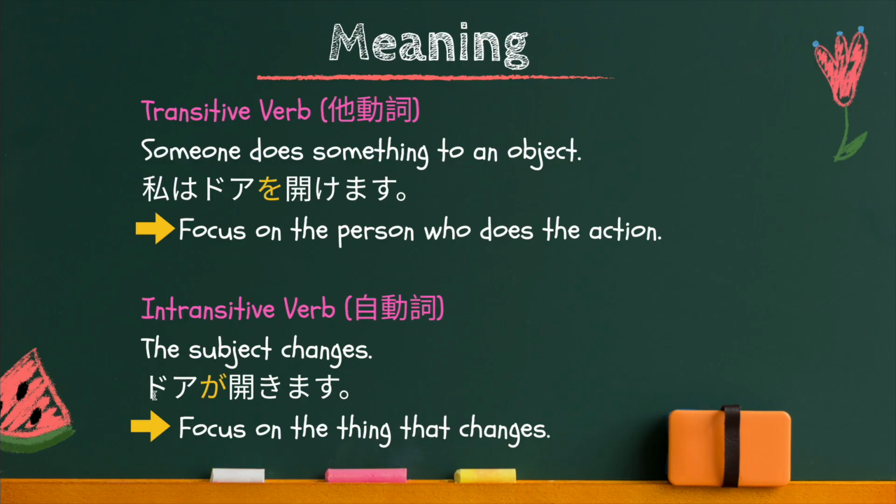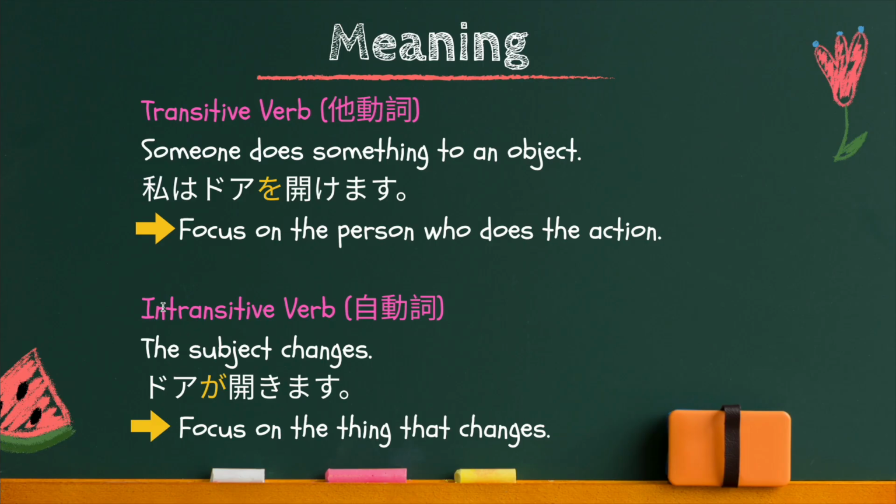It doesn't focus on the person anymore. It only focuses on the thing that changes. So the subject changes. That's it. There is no someone. It simply means the door opens, the thing changes. And also this verb type takes ga particle. So this is another characteristic of intransitive verbs.